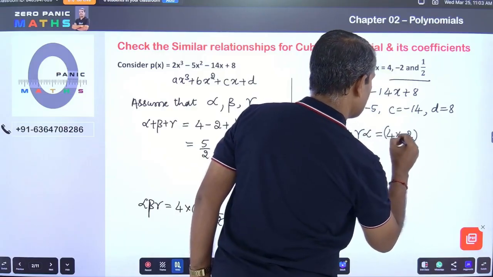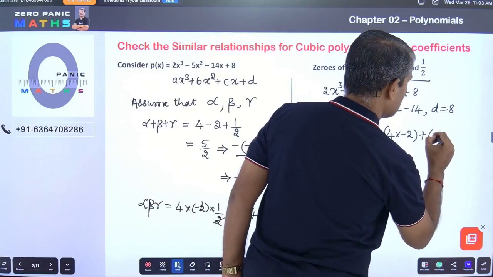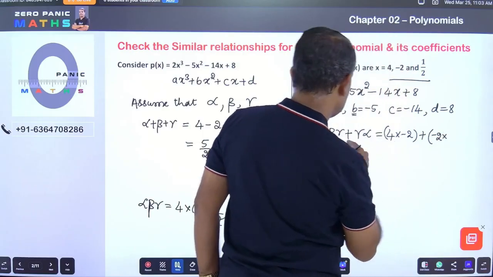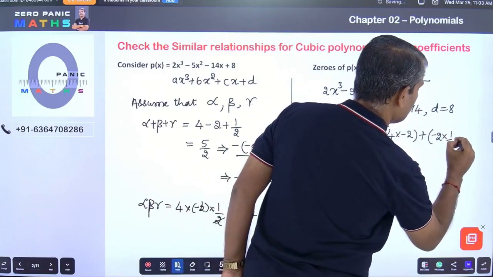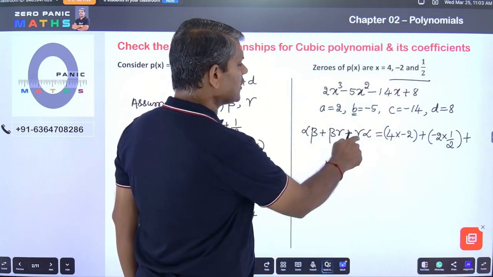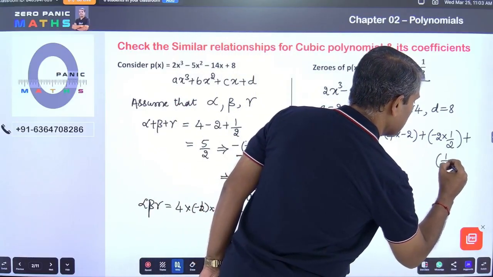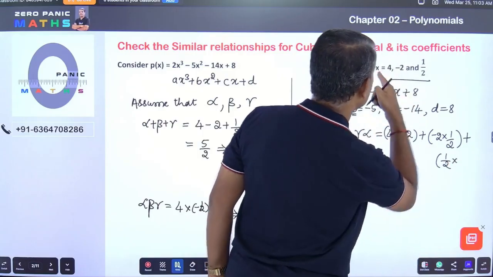This is one product. Plus beta, minus 2, and gamma, 1 by 2. Plus another product, gamma alpha. Gamma is half and alpha is 4.